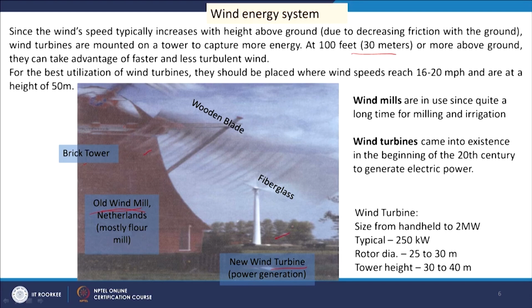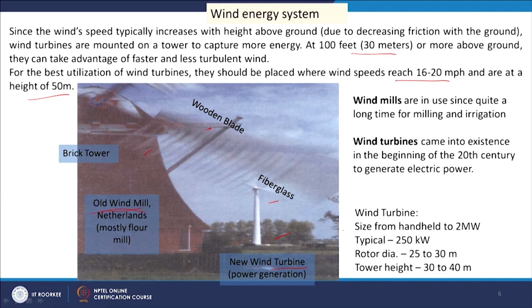In the new model, the new wind turbine, the blades are different: we have fiberglass blades, whereas here we have wooden blades. This is the basic difference between the two types. For getting optimum efficiency, the wind speed should be 16 to 20 and the height may be at 50 meters. These are the typical values which give us the optimum result.